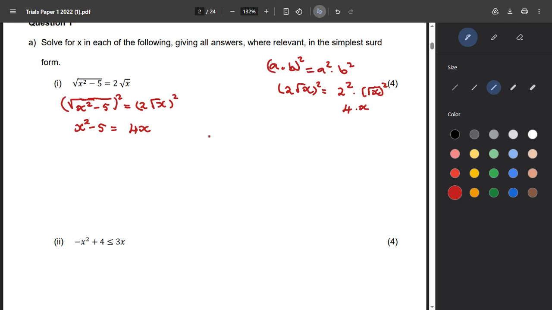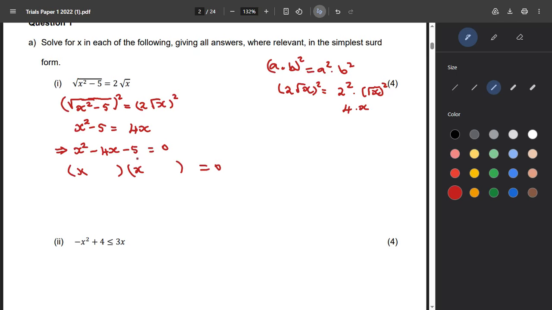If you are happy about that, what should we do next? We need to make sure that this equation is in the quadratic standard form, that's x squared. The 4x comes this side to be negative, then I still have minus 5, everything equated to 0. Now you can try to factorize and see what you have. This is x on both sides.